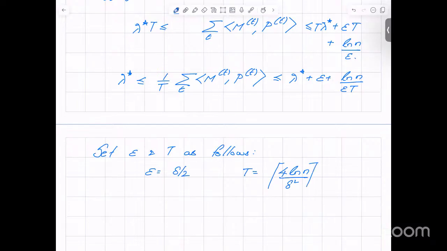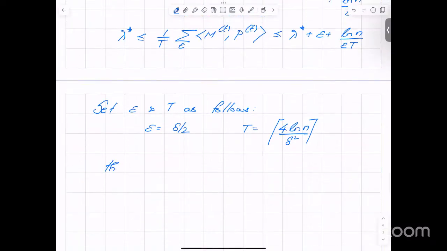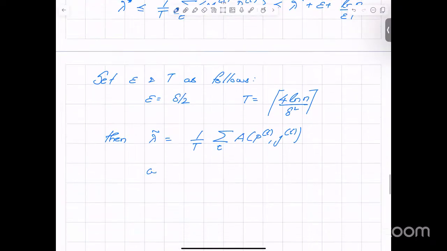If we set it that way, and we define lambda tilde to be the average of the summation over t of A P_t J_t, we have lambda tilde sandwiched between lambda star and lambda star plus delta.